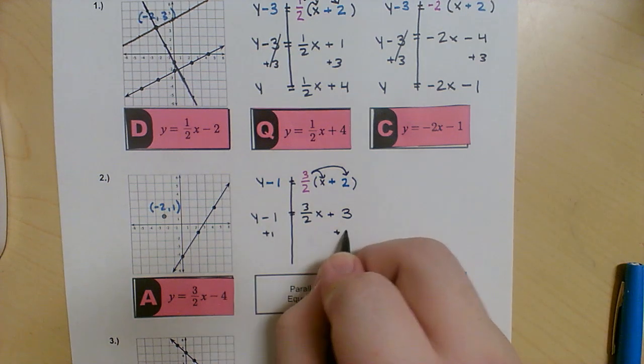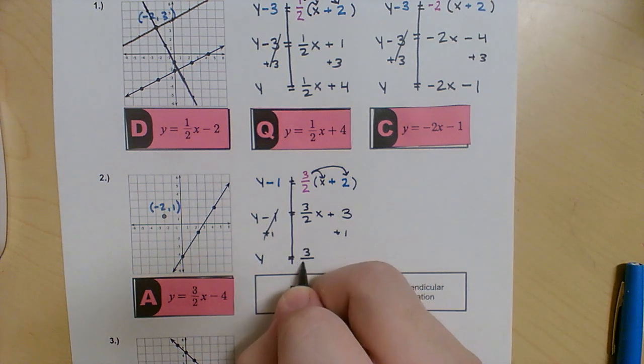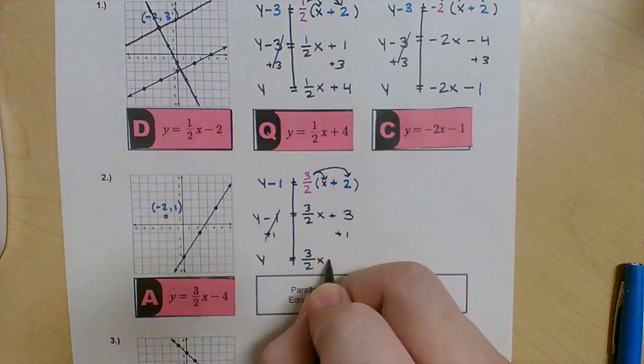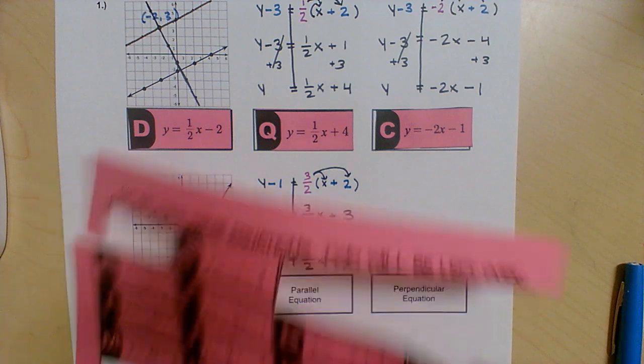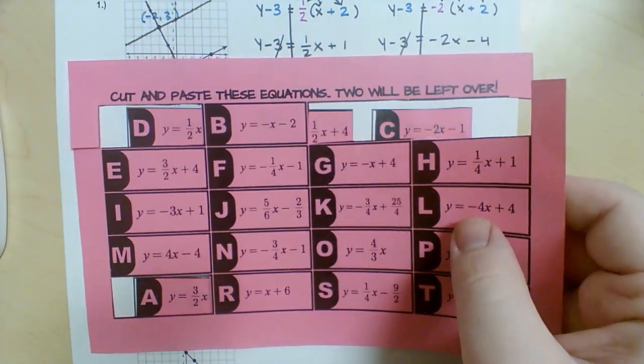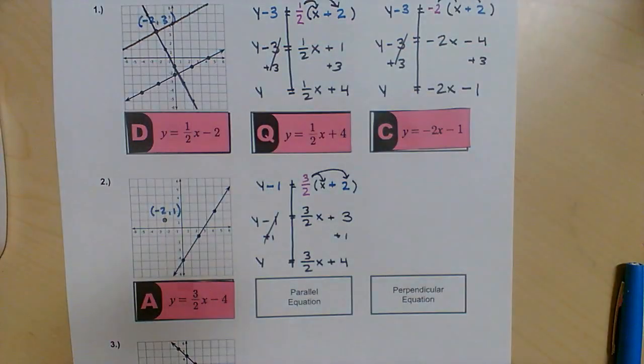Add 1 to both sides. Three plus 1 is 4. Looking at the remaining options, that is option E. So we're going to cut that out and glue that down.